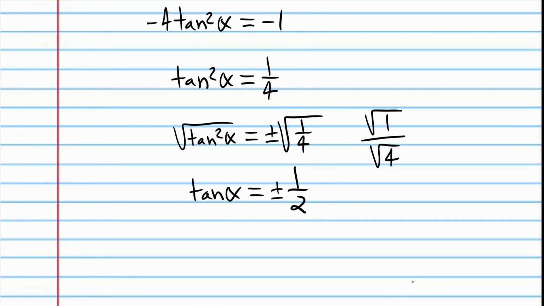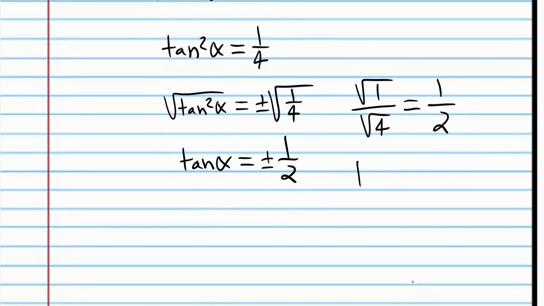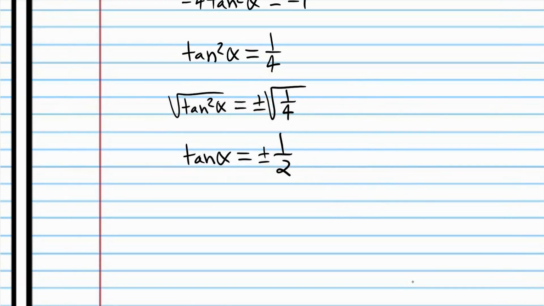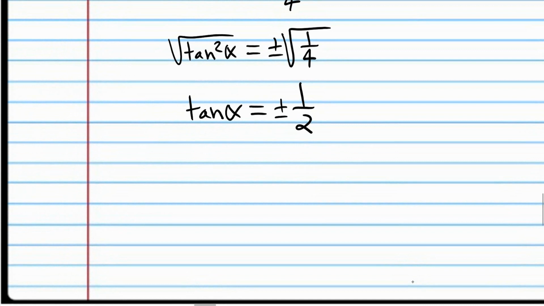You just square root the numerator and the denominator. You can also think about the logic. 1/2 times 1/2 is 1/4. So what number times itself is equal to 1/4? 1/2.